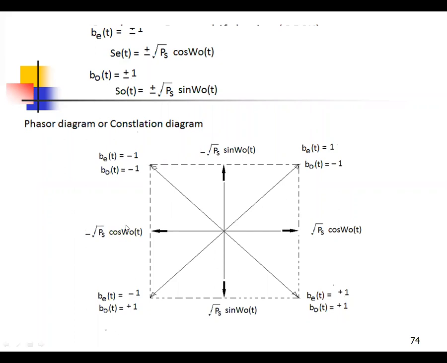Okay. So it is an important concept in the QPSK constellation diagram. Okay, there are 4 phases or 4 quarters. That's why quarter: first quarter, second quarter, third quarter, fourth quarter. Okay. Now, are you clear?